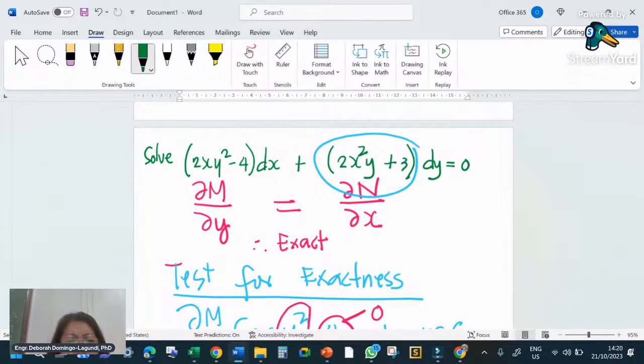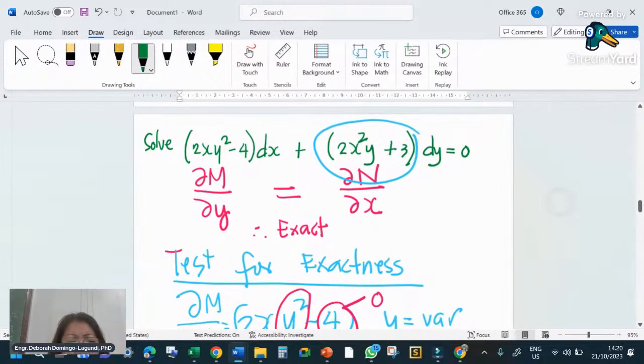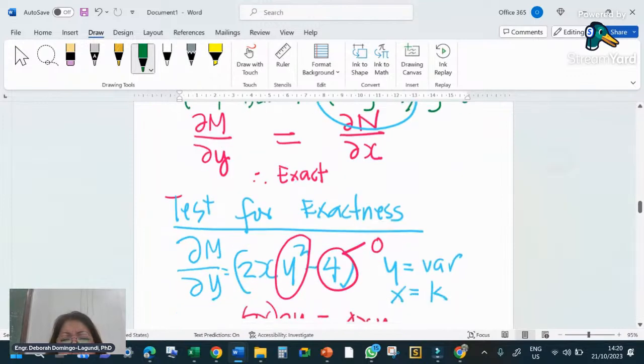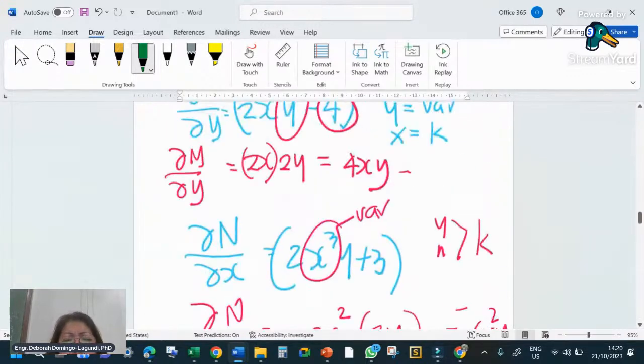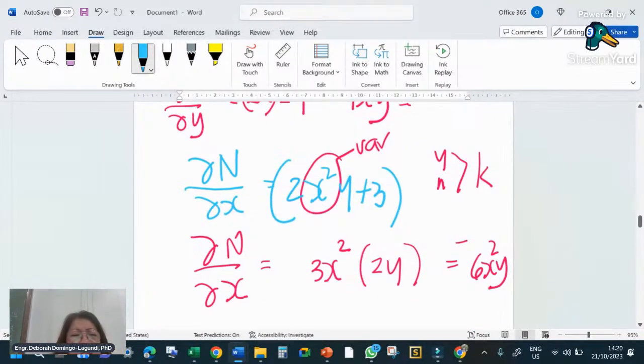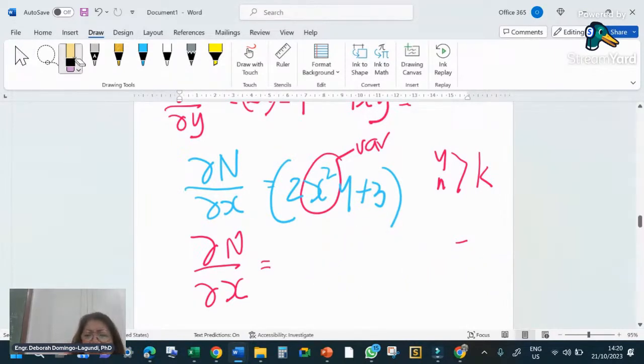Okay, sorry for that. 2xy squared minus 4 and 2x squared y plus 3. Let's change it. Okay. So if we square that, sorry for making this error. I did not copy it correctly. So let's do it again because I must get an equal differential equations.